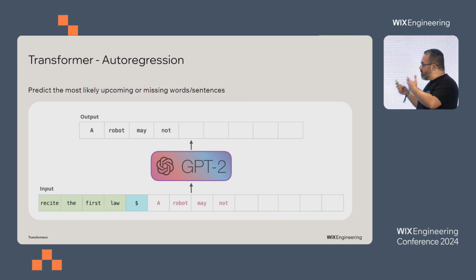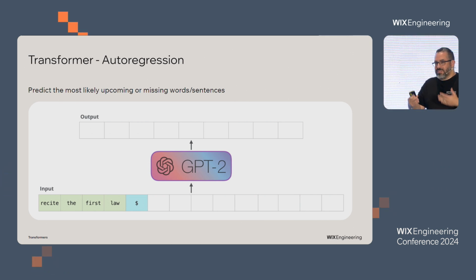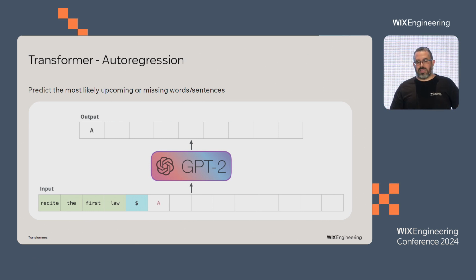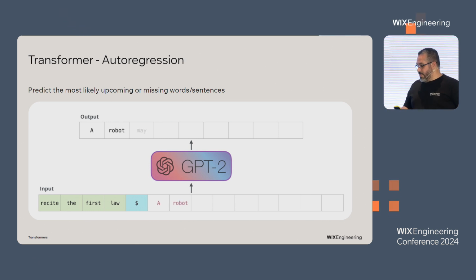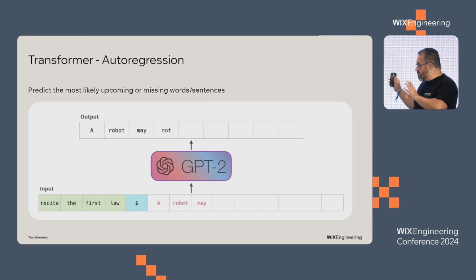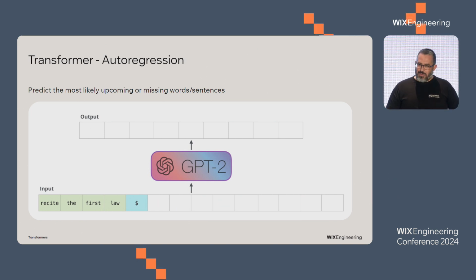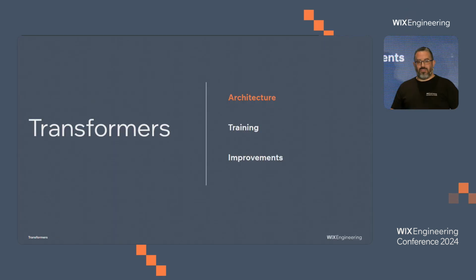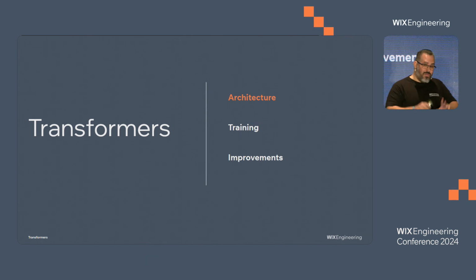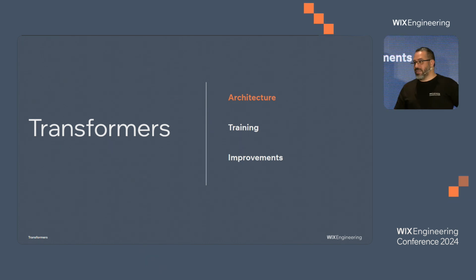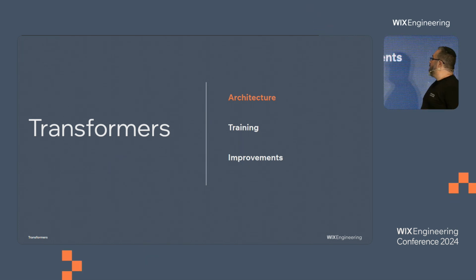So this is a process that happens inherently within GPT when we use it. And these models are trained in a very specific way, which we'll discuss later on in the talk. But before we discuss that, I would like to give an overview of the architecture of the transformer.